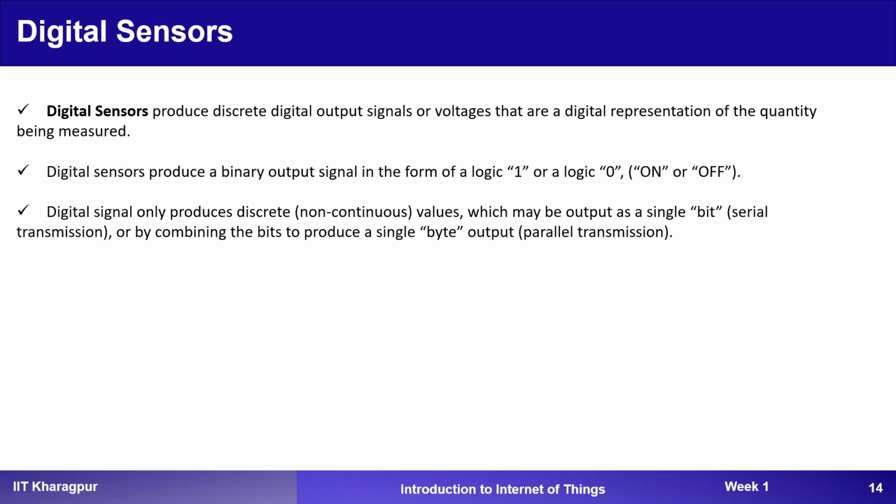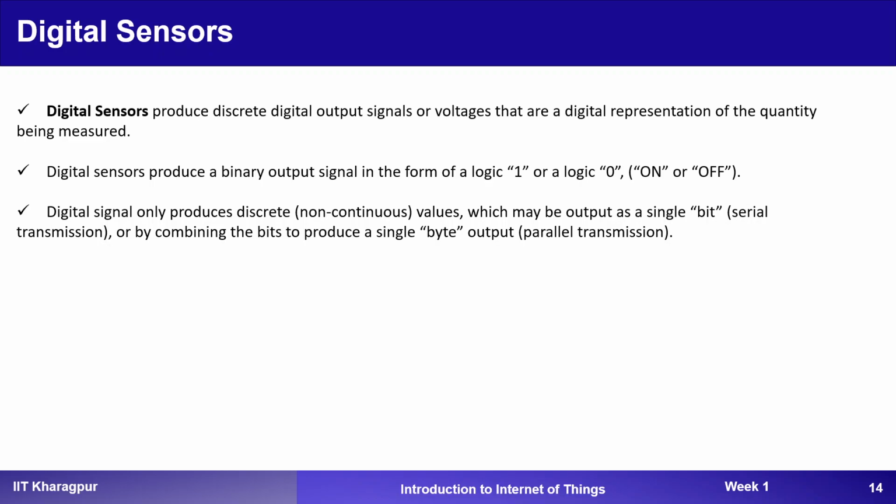However, on the other hand, if your sensor is producing any discrete value, for example, in the form of 0, 1, on, off, or any kind of discrete value, for example, only 97, 98, for example, your digital temperature sensor.